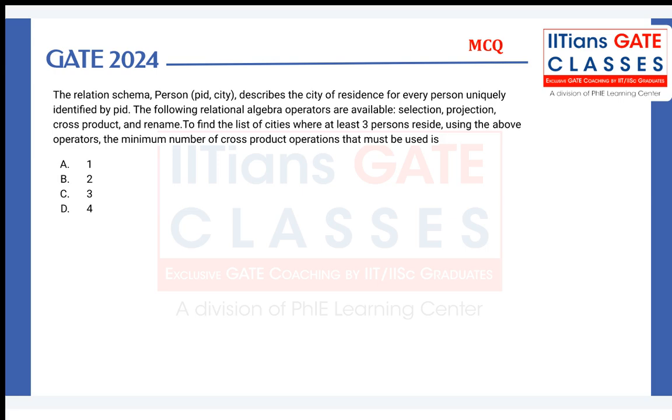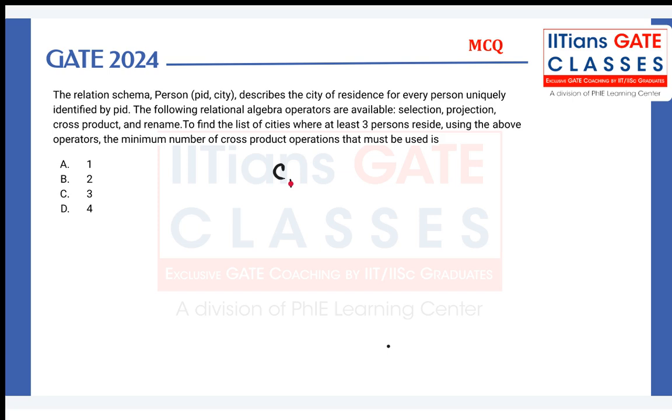To see if there is a city, let's say C1, you want to find out if three persons reside in this city C1. So how many comparisons will you do?